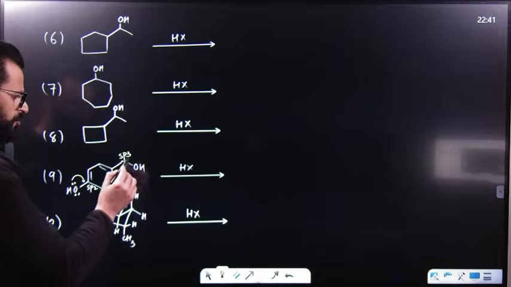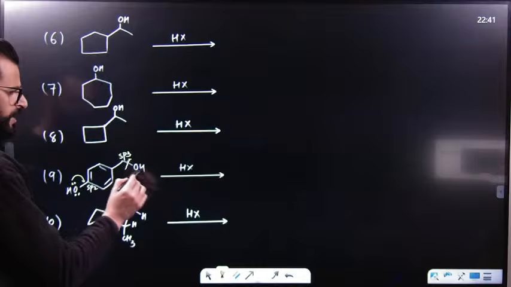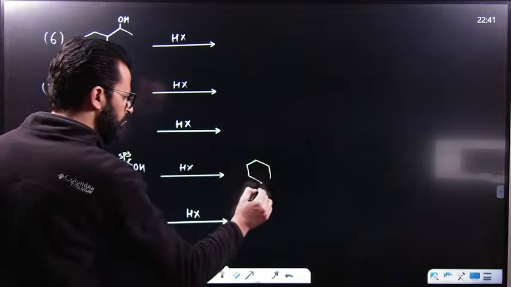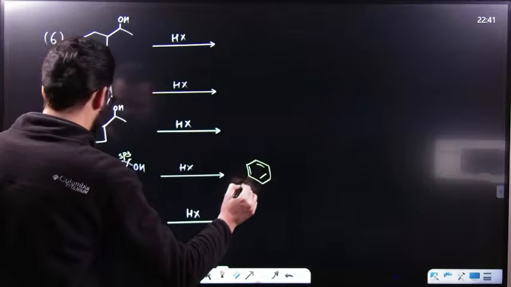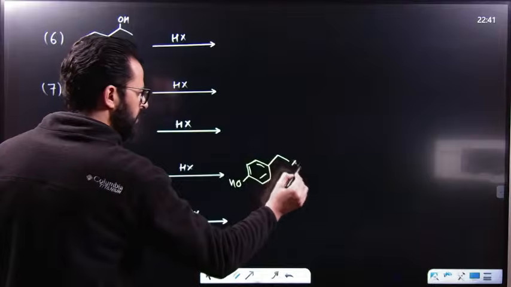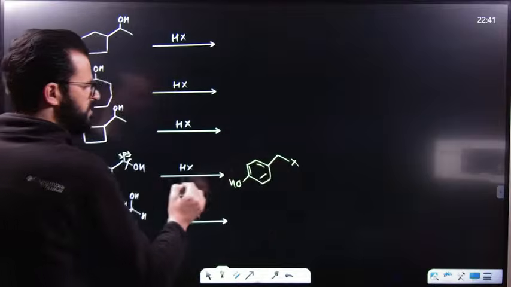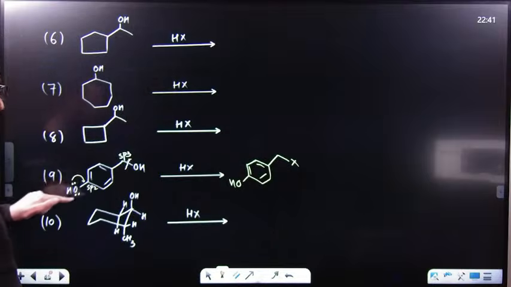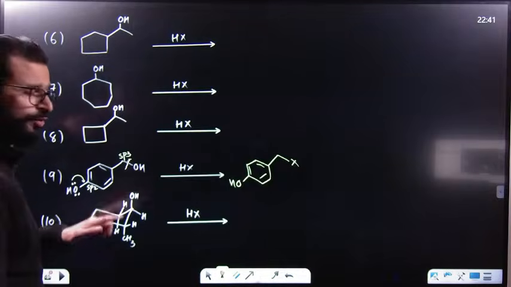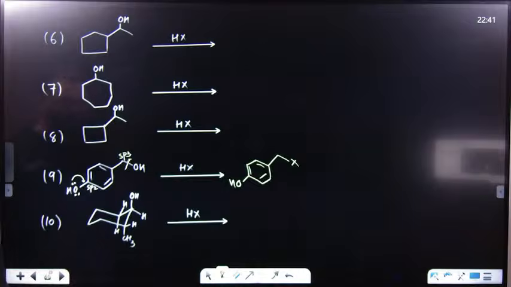The other C-OH bond is easily cleaved, the carbocation will be formed, and X- will attach over here. So this OH will not be replaced. Whenever OH is attached to a carbon-carbon double bond, that OH can never be replaced due to partial double bond character, because that bond becomes very strong.